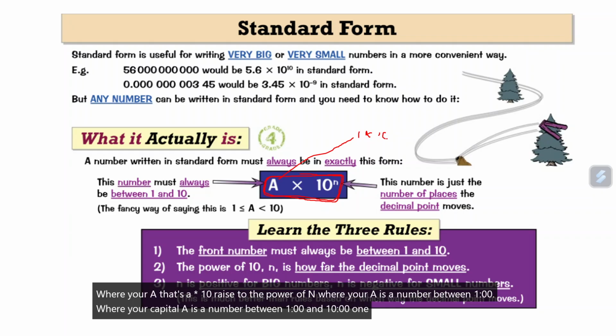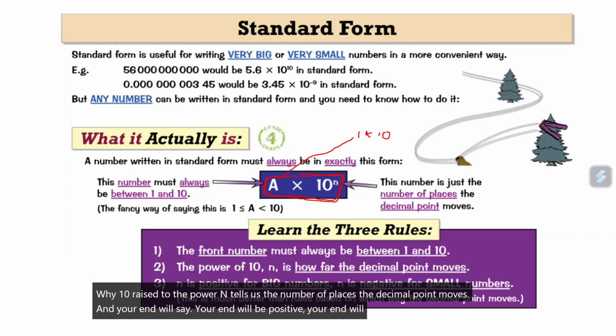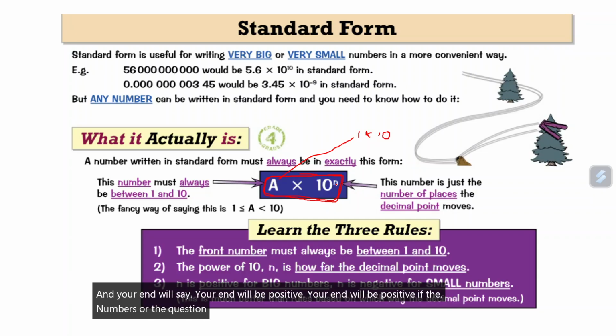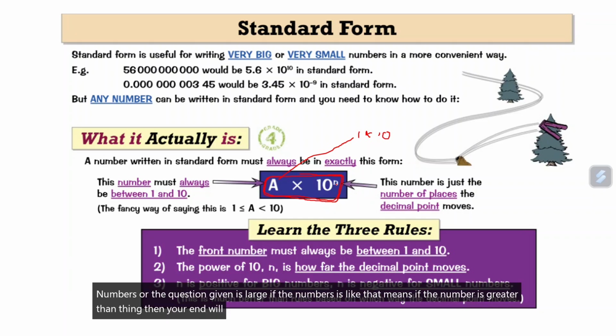While 10 raised to the power n tells us the number of places the decimal point moves. Your n will be positive if the number given is large, that means if the number is greater than 10. But your n will be negative if the number is less than 1.